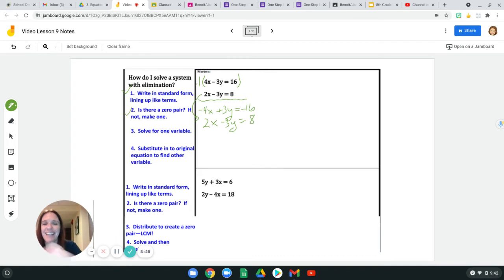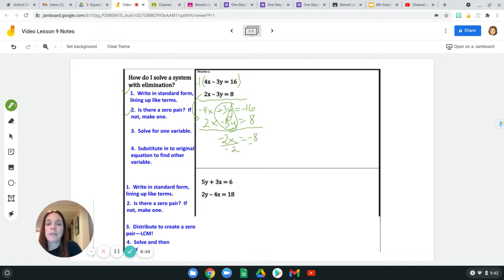Okay. Now we're going to solve for the one variable that will still exist, which will be x. Negative 4x, positive 2x, that's going to be a negative 2x. Negative 4 is a greater distance from 0. Negative 16 and a positive 8, that's also going to be a battle where we subtract. And it's going to be a negative 8 because negative 16 is a greater distance from 0.